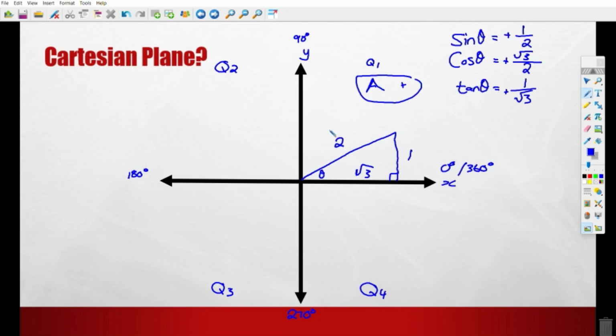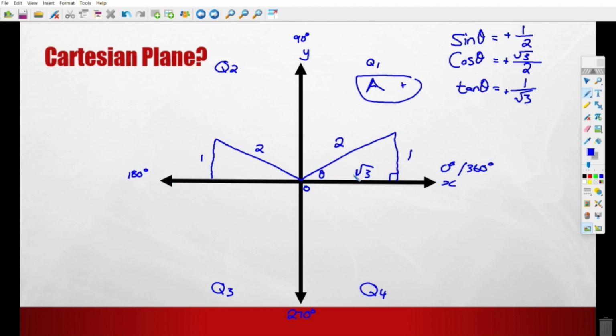Now if I look at quadrant 2 and draw another triangle, the same triangle, put 1 over there, and 2 there. But now I'm on this side of the x-axis. Remember this is 0, and this is 1, 2, 3, up to 10, all the positives. If I go backwards, I'm going to have all the negative numbers.